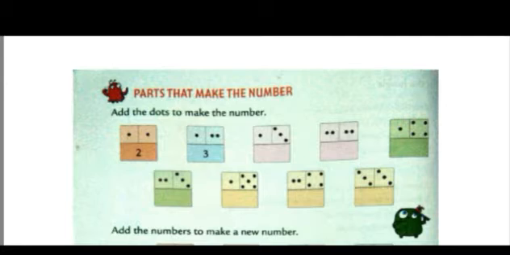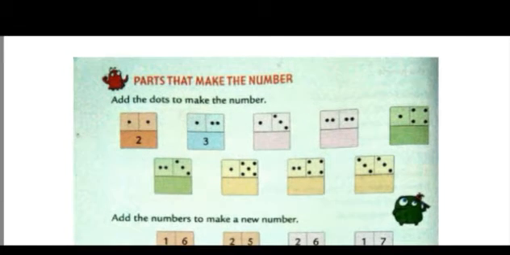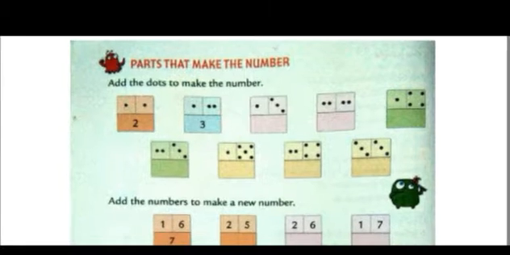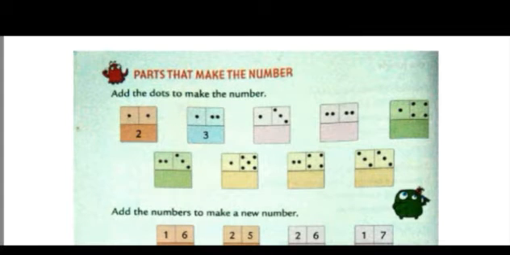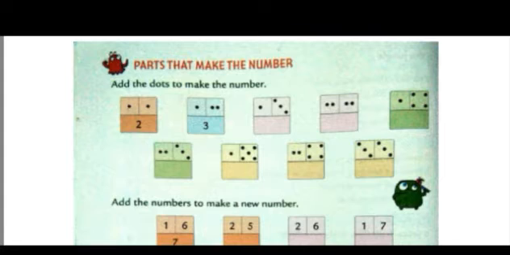So scholars, we are going to start with page number 40. So I would like all of you to open page number 40 of your books. Parts that make the number. And the first question is, add the dots to make the number.